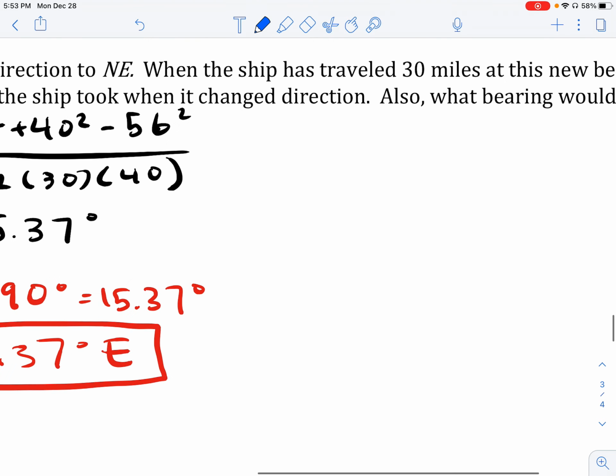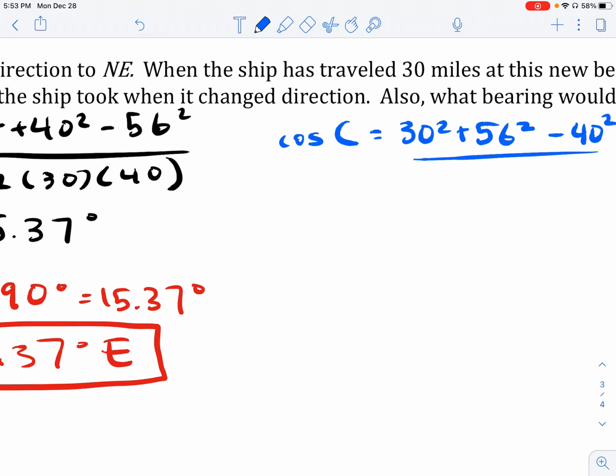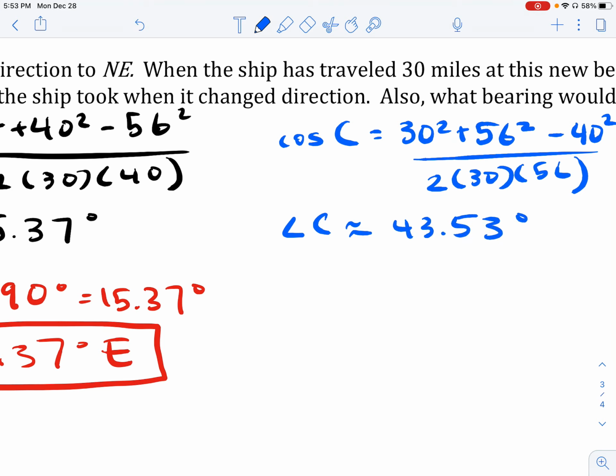We're going to say the cosine of angle C is equal to 30 squared plus 56 squared minus 40 squared, all over 2 times 30 times 56. Again, using inverse trig functions, angle C is approximately 43.53 degrees. I'm not boxing it because that's not my bearing, but I'm probably going to use this.